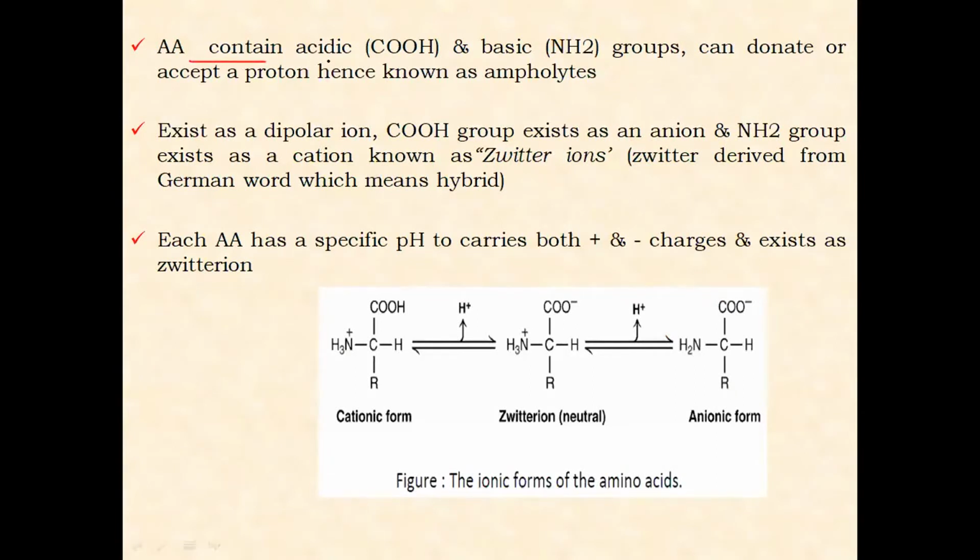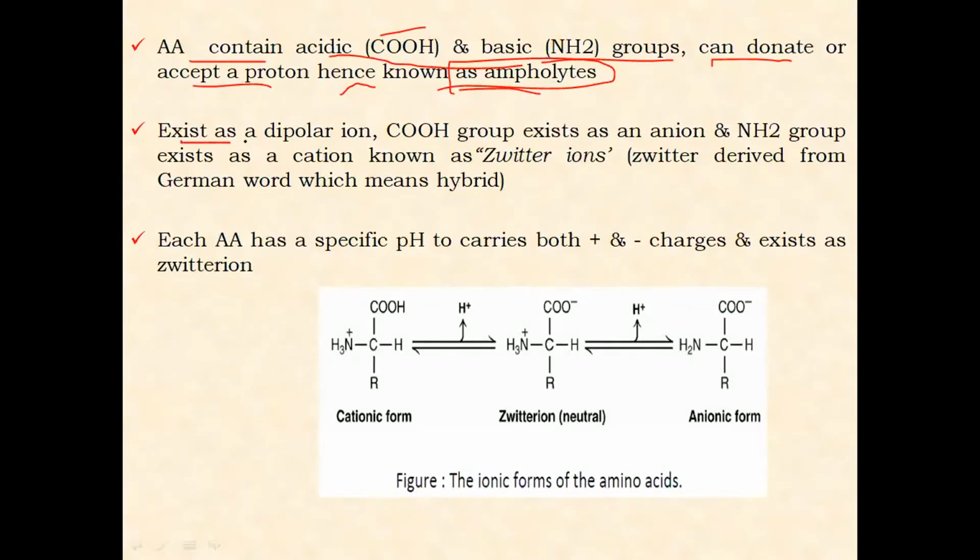Amino acids contain acidic and basic groups. Acidic is the carboxylic group and basic is the amino group, and they can donate or accept a proton, hence known as ampholytes. So ampholytes are those substances or compounds which contain both acidic and basic groups.